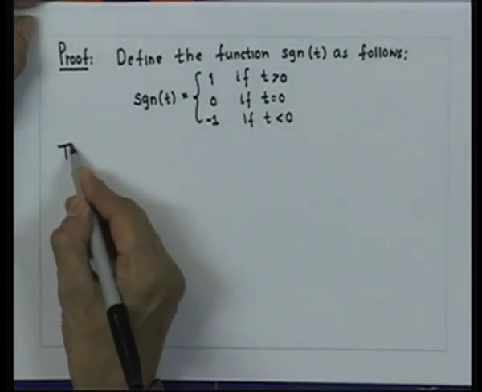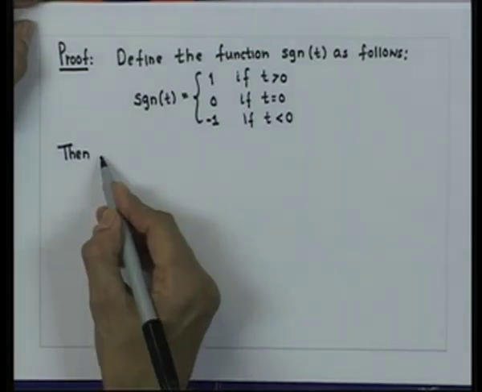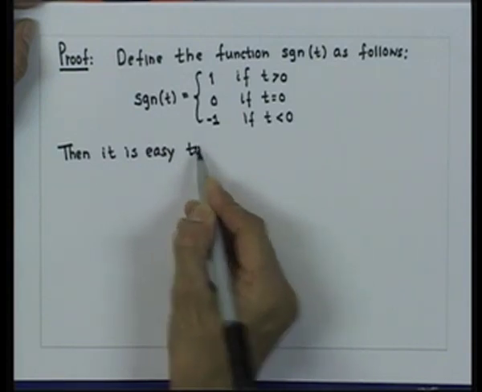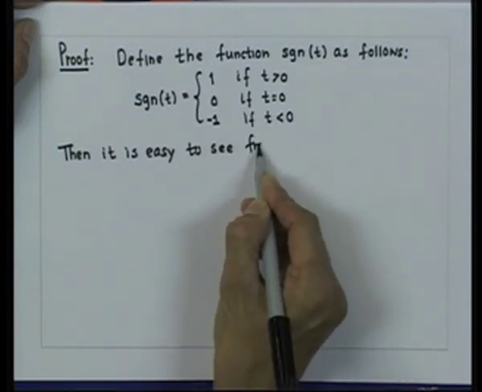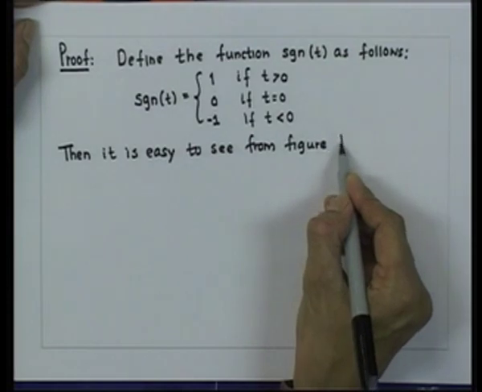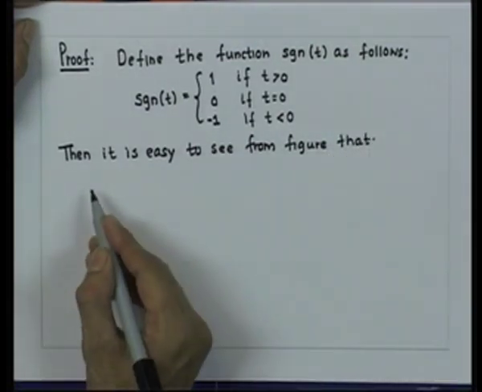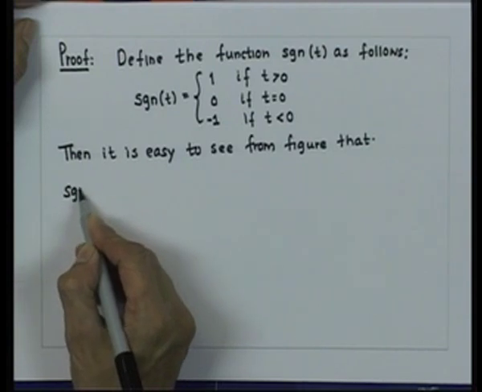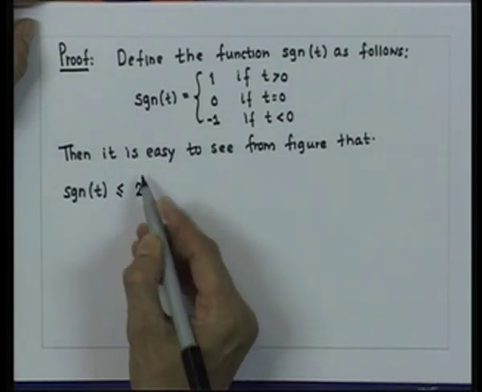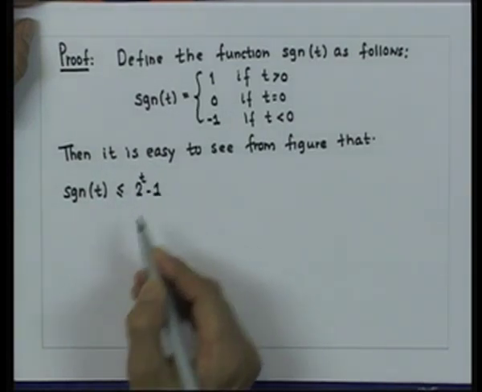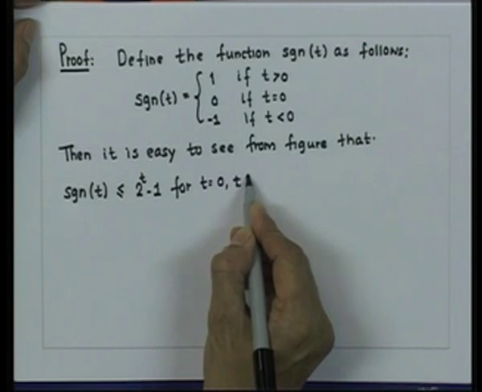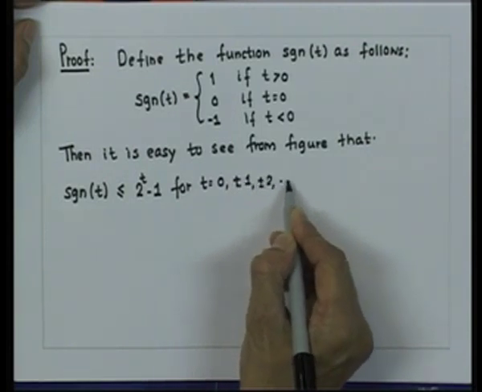Then, based on this definition, it is easy to see from the following figure that signum t will always be less than or equal to 2 raised to t minus 1 for t equal to 0, plus minus 1, plus minus 2.